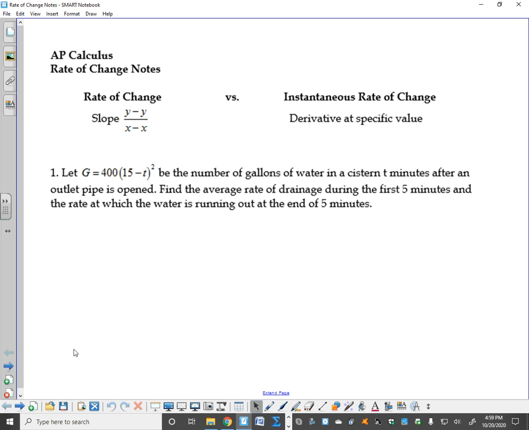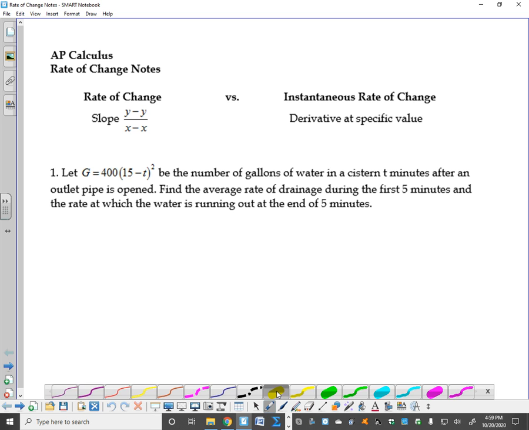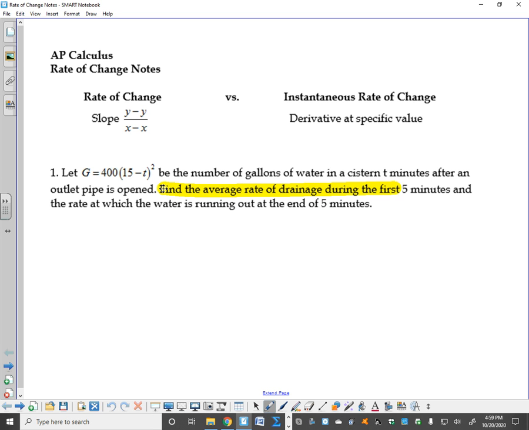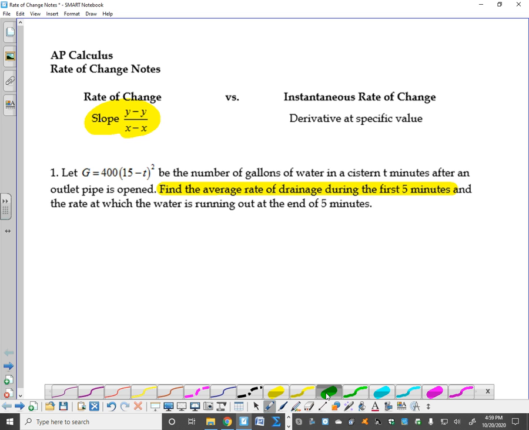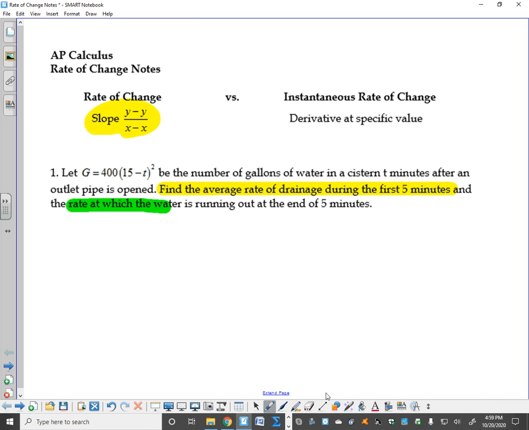Okay, let's make sure we understand the question. The rate at which the water is running out at the end of 5 minutes. Now, don't let "at the end of 5 minutes" make you think it's the total accumulation.